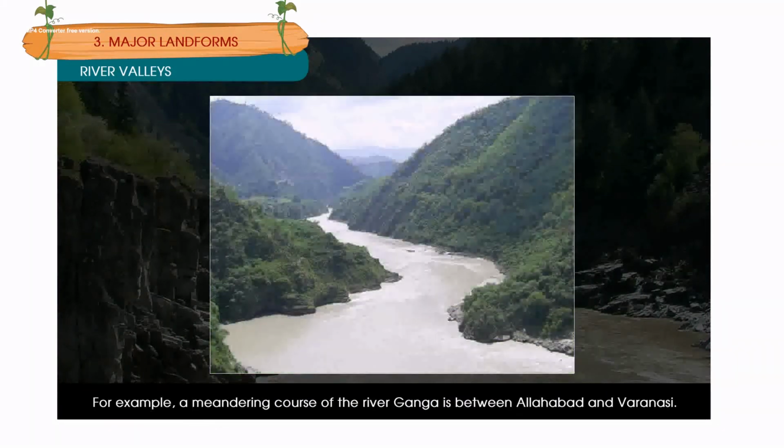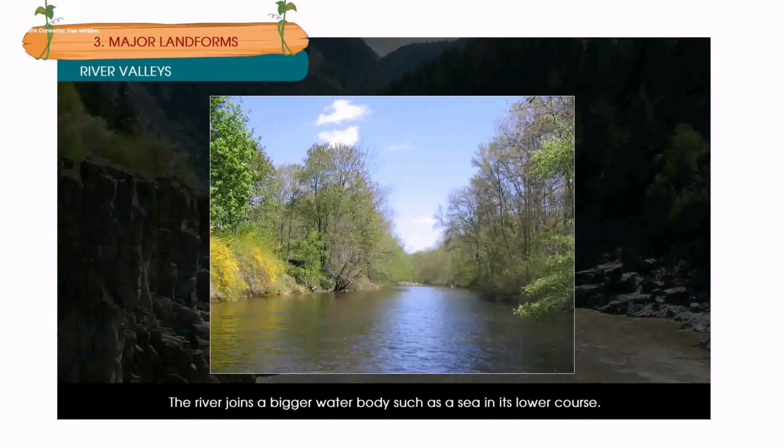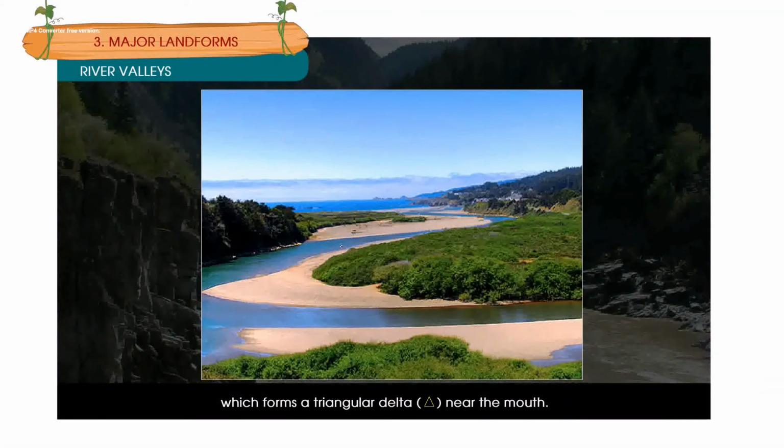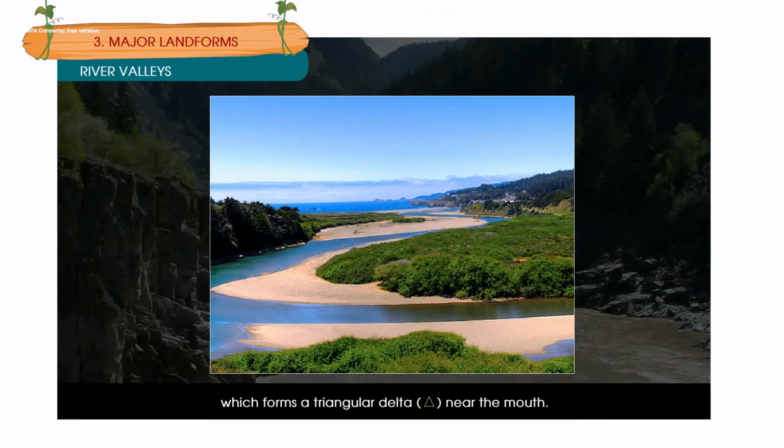For example, a meandering course of the river Ganga is between Allahabad and Varanasi. The river joins a bigger water body, such as a sea, in its lower course. Here, the river flows slowly and it divides into many channels, which form a triangular delta near the mouth.